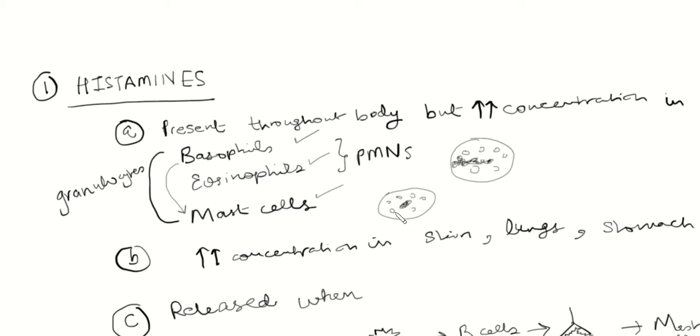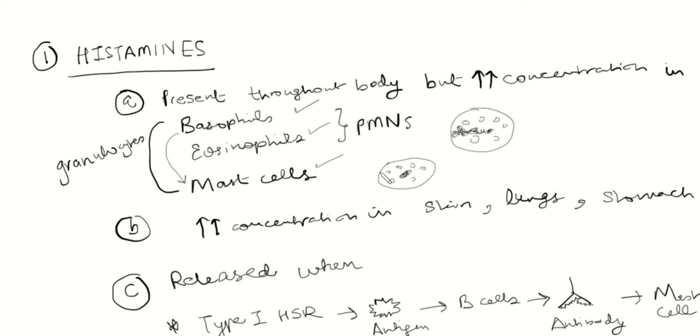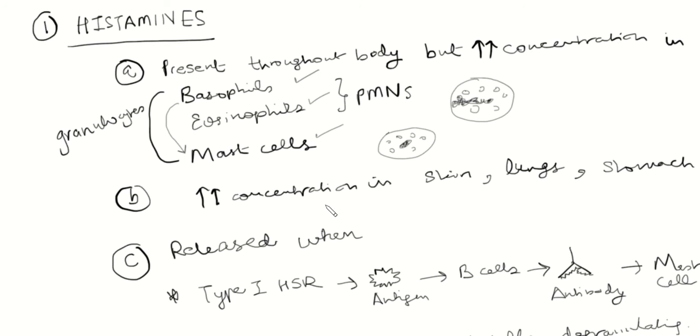So again, mast cells, eosinophils, and basophils are all granulocytes, and they have increased levels of histamine, and that's in the granules. And then, of course, basophils and eosinophils have that polymorphonuclear nucleus, so they're PMNs versus mast cells, which are not a PMN. Again, you have more concentration of histamine in skin, lungs, and stomach.